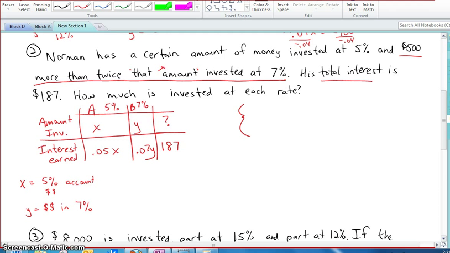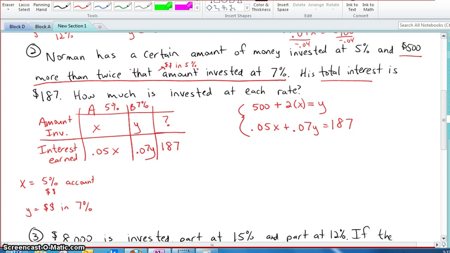That amount is referring to the money in the 5% account. So that means 500 more than twice the amount of money in the 5% account, that's X, is the amount of money in the 7% account. And my total interest is 0.05x plus 0.07y equals 187.